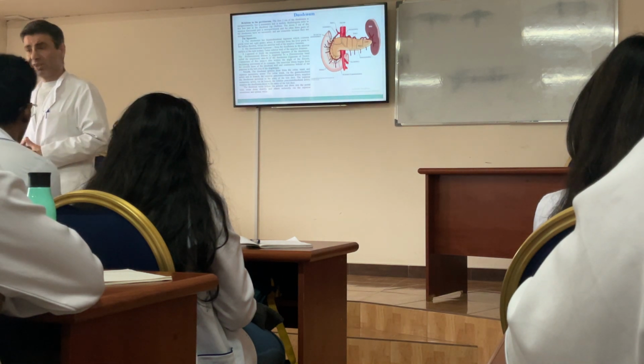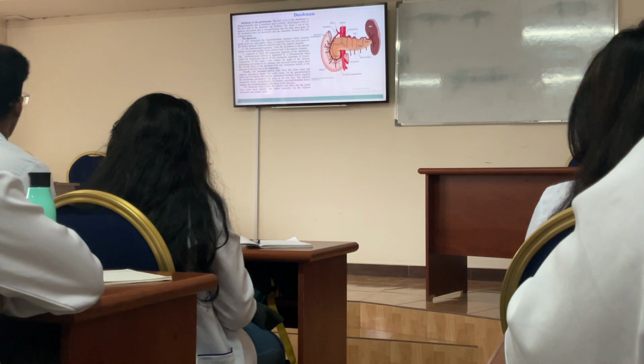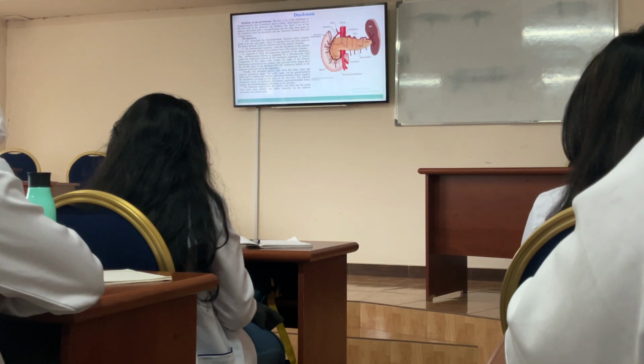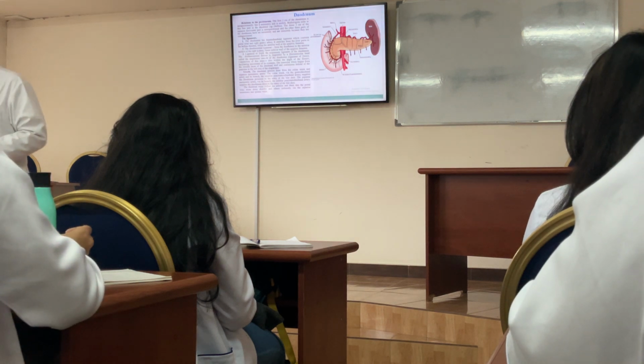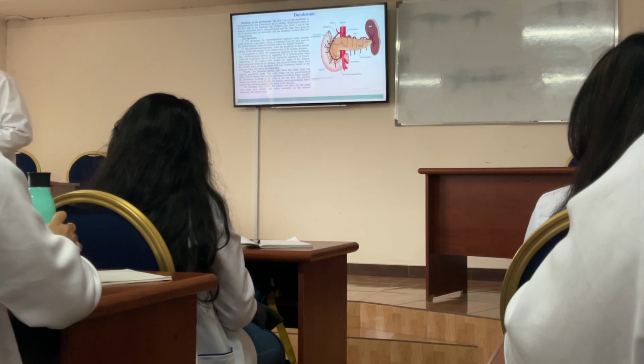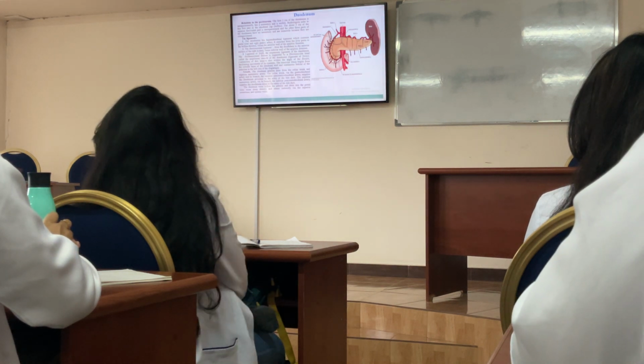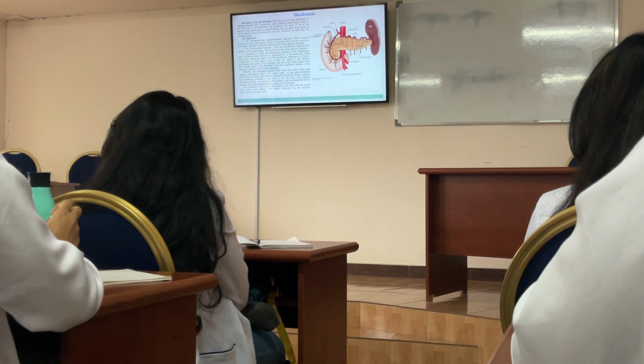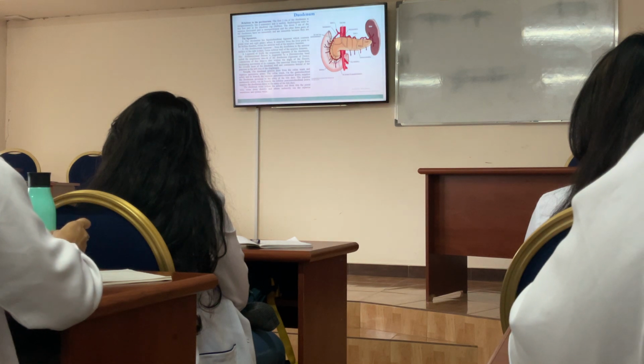Remember, please, penetration is the growing of the ulcer from one organ to another organ. When the ulcer grows from one organ to another organ, we call it penetration. One minute, attention to me. Again, what is the difference between perforation and penetration?